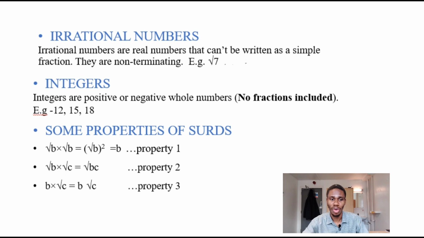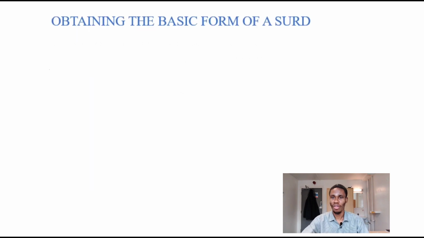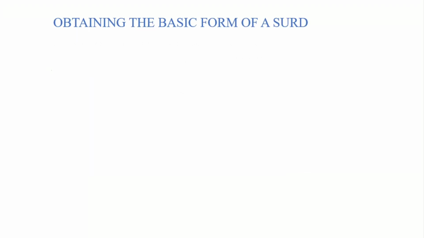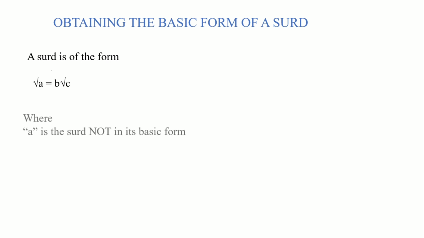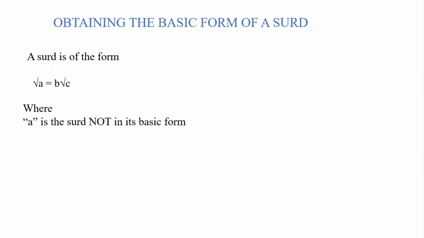Now let's move on to obtaining the basic form of a set. So our set is of the form square root of a equals b square root of c, where a is the set which is not in its basic form. Then b is a perfect square integer and a factor of a. Remember, we already said our integer is what?